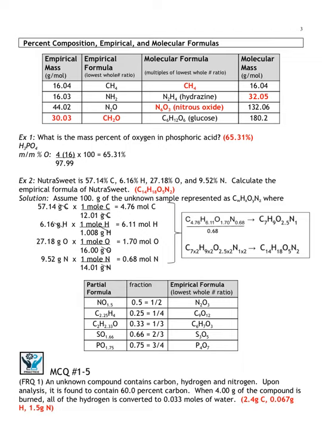We go to the next problem. You are asked to find the mass percent of oxygen in phosphoric acid. And the key is to understand and recall how to name compounds like phosphoric acid. I've always taught you that when you name phosphoric acid, the ic comes from the ate. So this comes from phosphate.